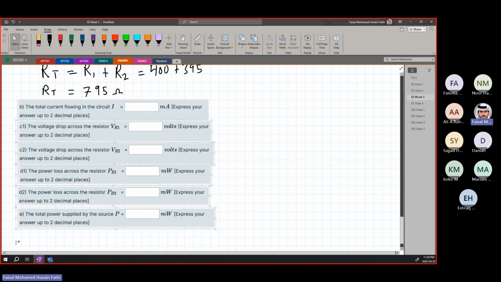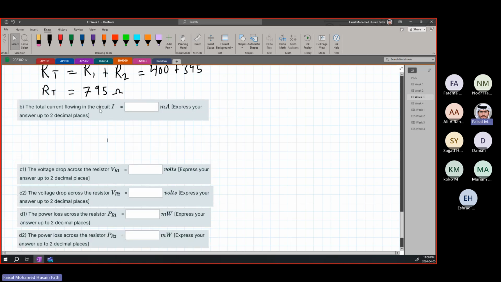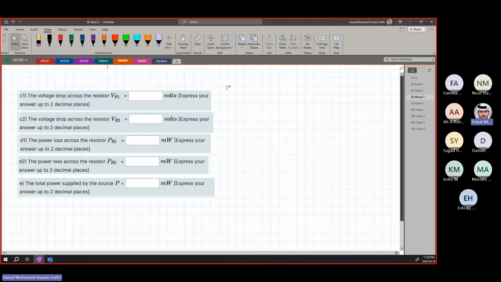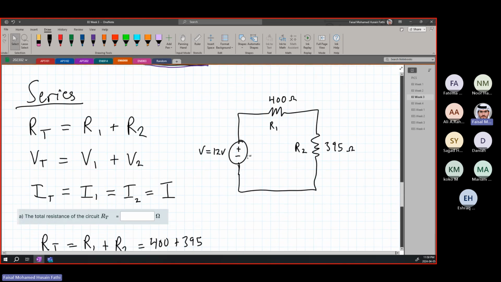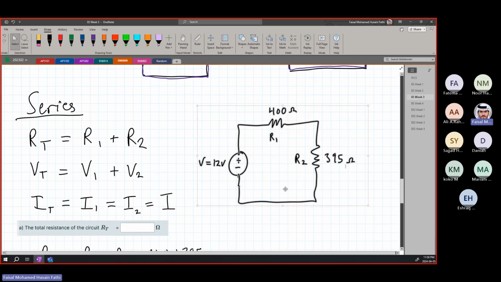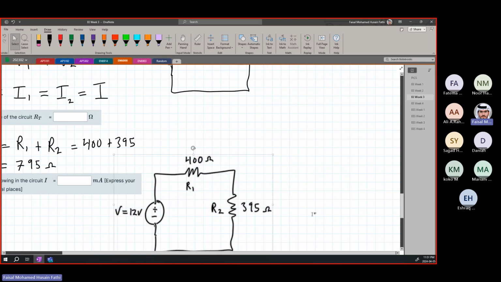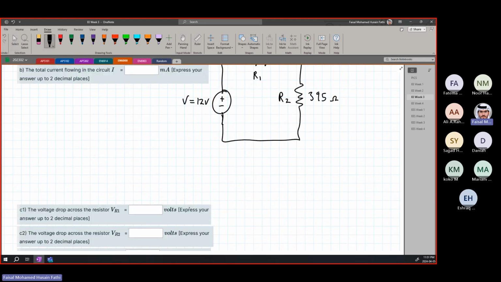Then the next question says, find the total current flowing in the circuit. Now, this is another concept I want to go over. Just so you understand, this is the circuit we have. Remember, V is equal to IR in general.